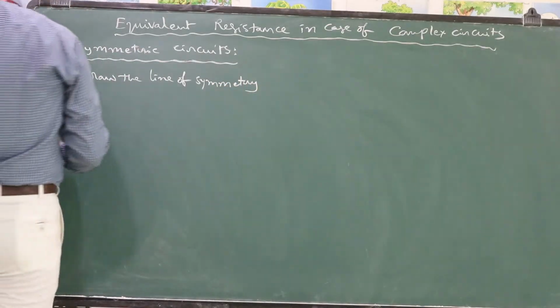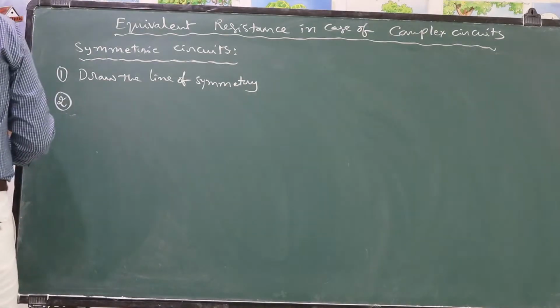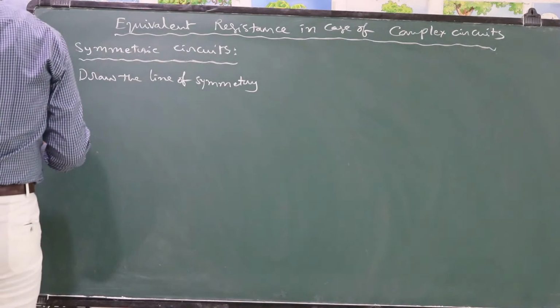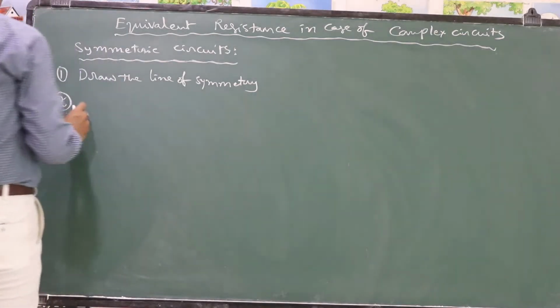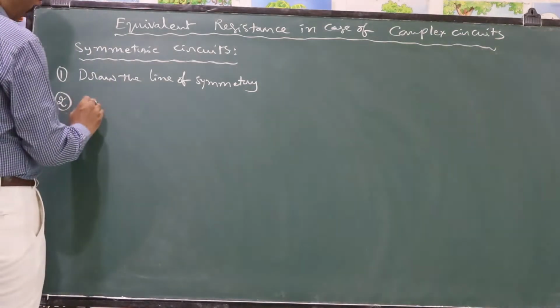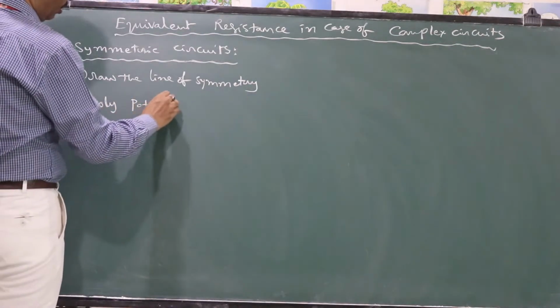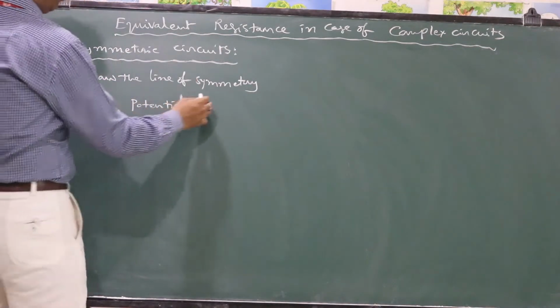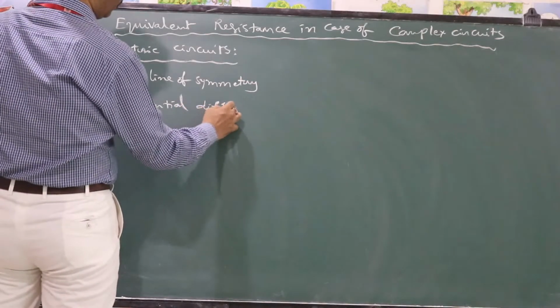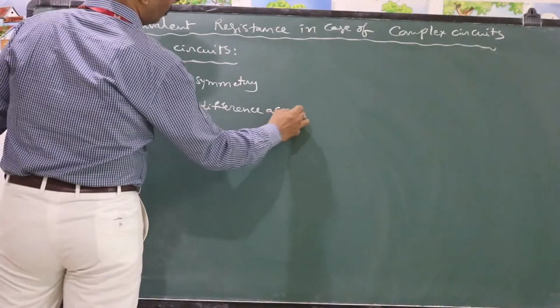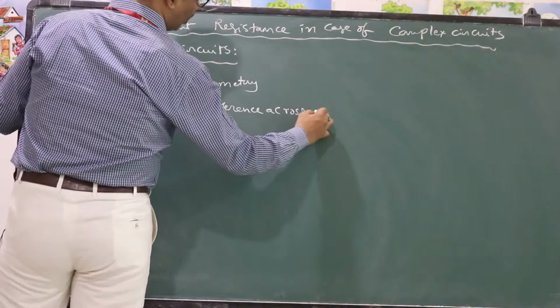The second step is to apply a potential difference across the required points.